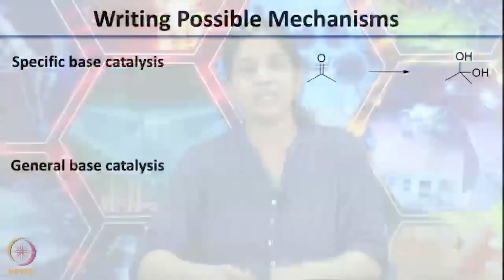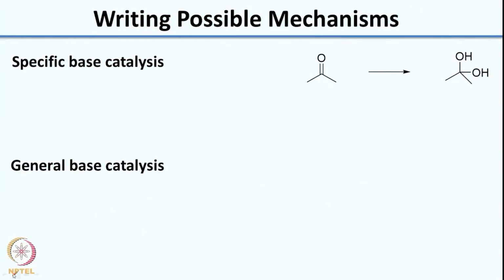So, now that I have shown it to you for specific acid and general acid catalysis, I want you to write the mechanism for specific base and general base catalysis. So, here you can assume that you are adding a base B and again the solvent is water. So, go ahead and write the mechanism first for specific base catalysis.